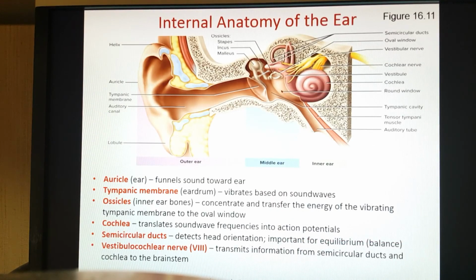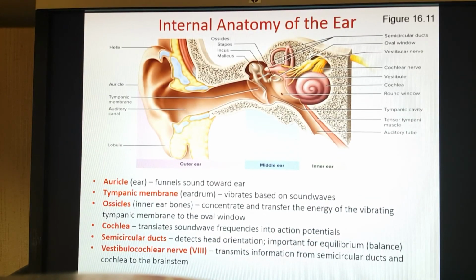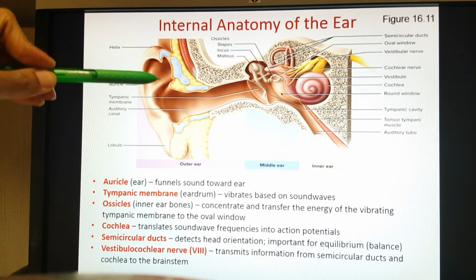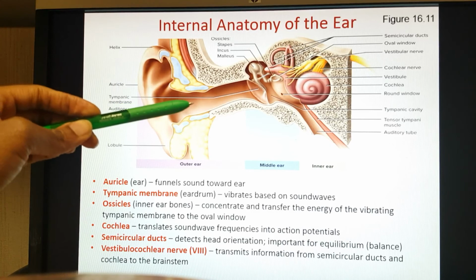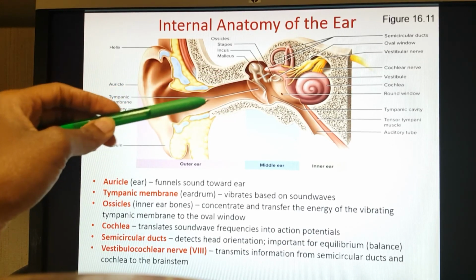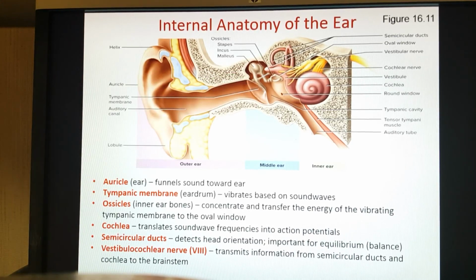So internal structures for your ear. Outside the ear, you have the auricle of the ear that helps to funnel the sound towards the ear, moving into our ear canal, through that external acoustic meatus, then to the internal one on the outer side, so that tunnel where it moves through.